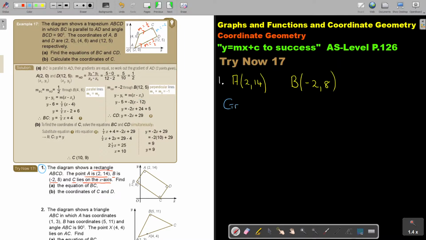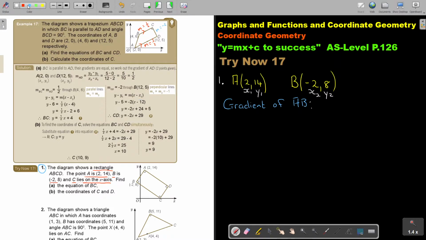Don't forget the way I do this is I call x1, y1. It doesn't matter which one is 1 or 2, as long as this is 2, then this is also 2.